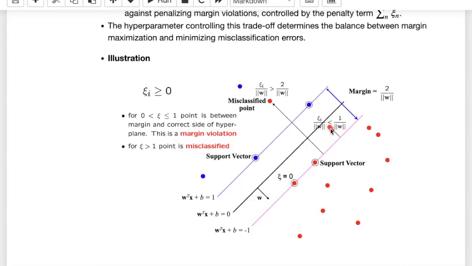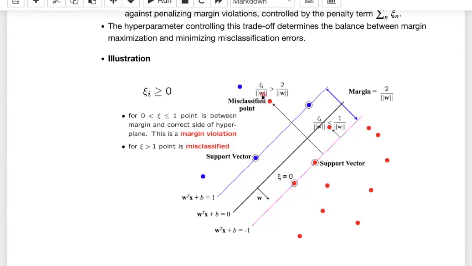Overall we are still correctly classifying this, because it's on the right side of the main decision boundary, but not on the right side of this pink line that determines what the street is. We're trying to push everything outside of this street.